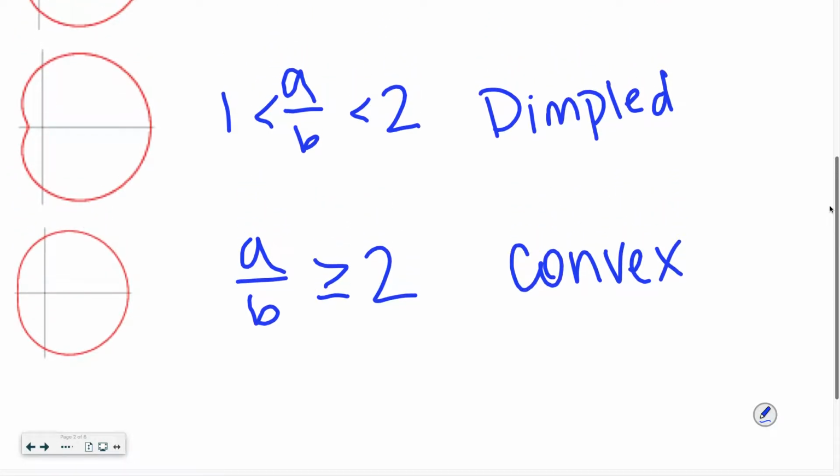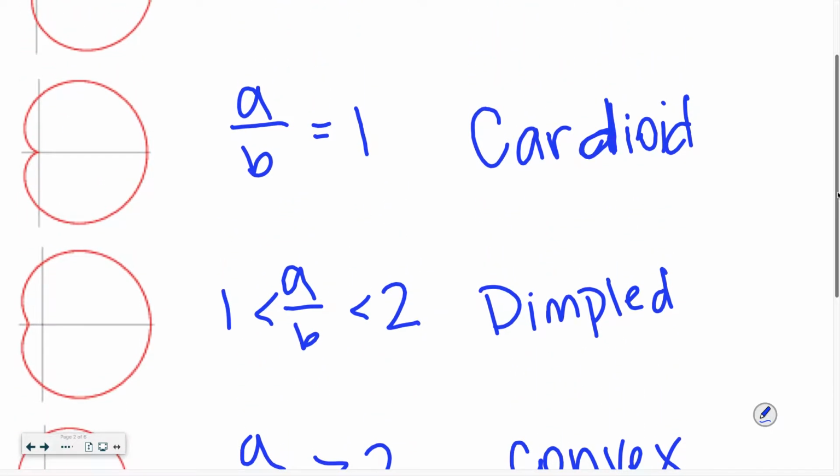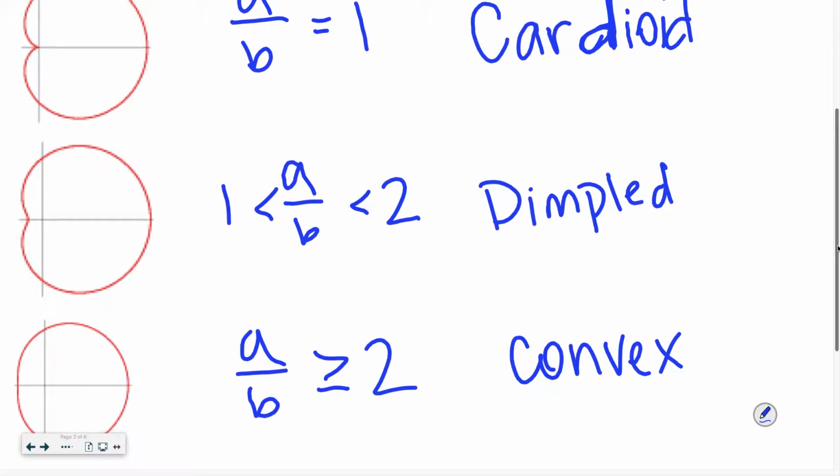Now, in order to remember the order in which these are named, maybe you want to come up with some sort of phrase, to remember loop, cardioid, dimpled, convex.